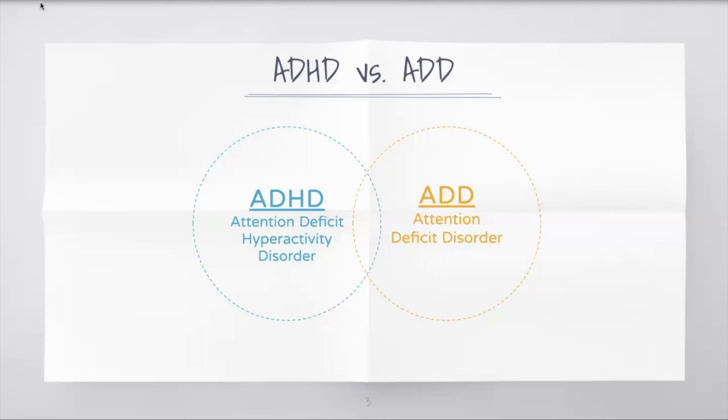So let's talk about the difference between ADD and ADHD, because these are two terms that are used very interchangeably. When we talk about the term ADD, we are talking about attention deficit disorder. Students with this disorder usually have difficulty paying attention and completing tasks for long periods of time.